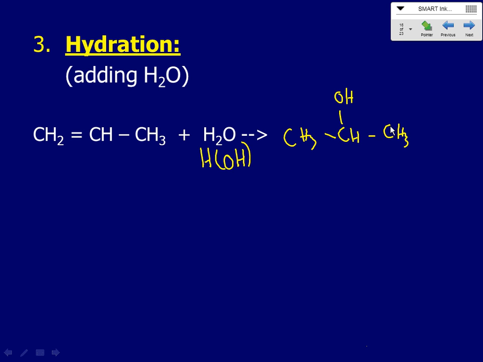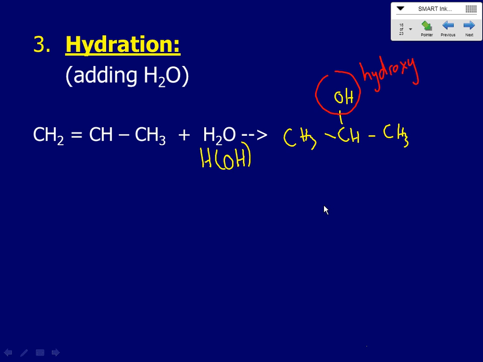CH3. And tomorrow we're going to learn how to name alcohols. This is an alcohol, but we can name this guy as a branch. You can name alcohols as if it's a branch, but we're going to learn tomorrow how to name it as if it's its own functional group. But for today, let's give it a branch name, and we actually call this a hydroxy. It's a hydroxy group.